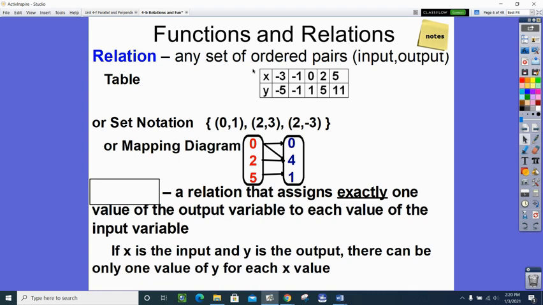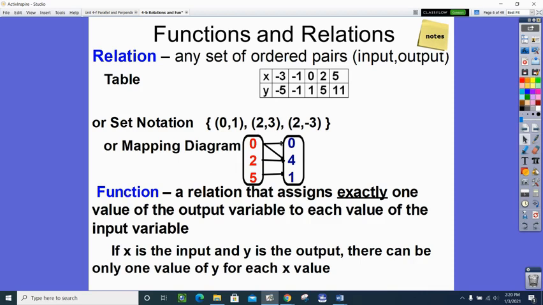Now we're going to kick it up a notch this time, and we're going to say that there's a relation that assigns exactly one output for each input. What is that called? That's our new word, which is a function. So if x is the input and y is the output, there can only be one value of y for each x.